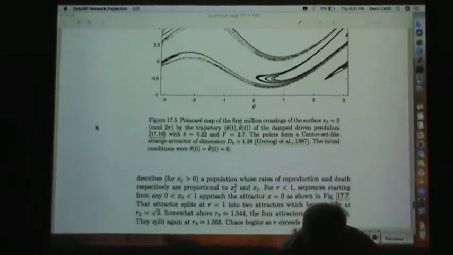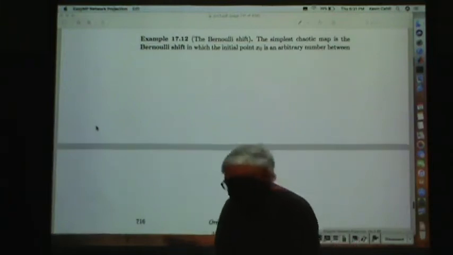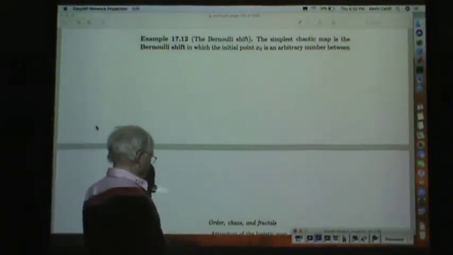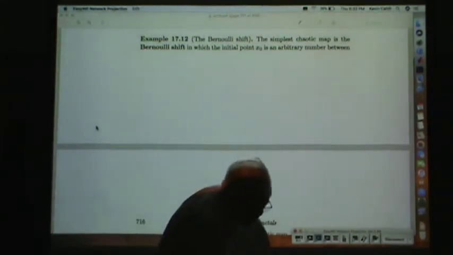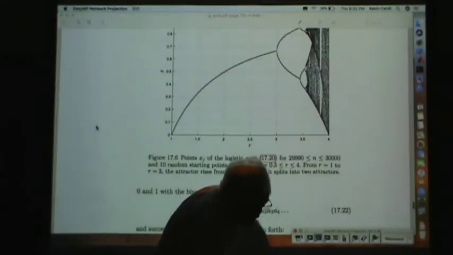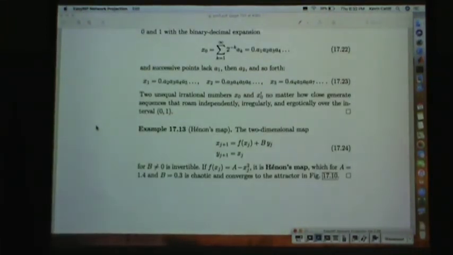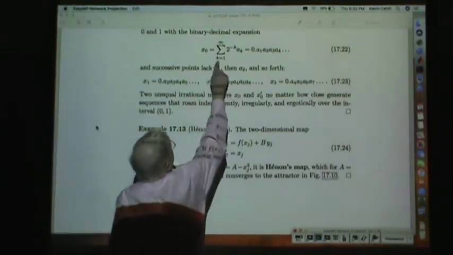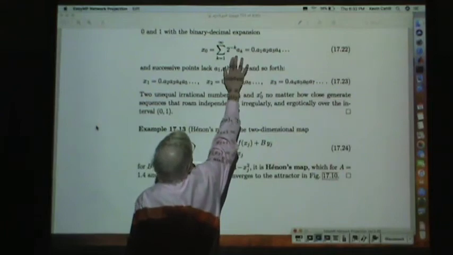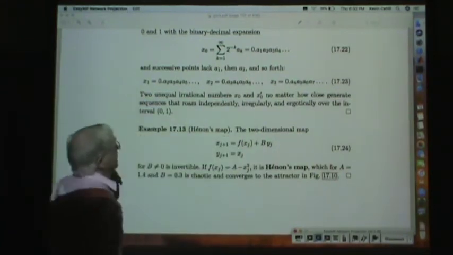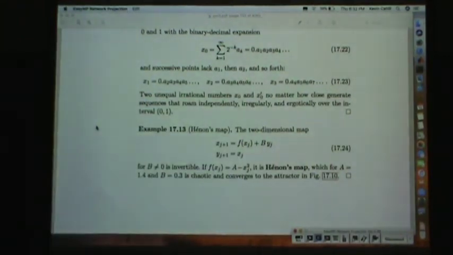Right. Okay, here's another example of chaos. This is the simplest map of chaos, and it's due to Bernoulli. You take as the initial point some arbitrary number between 0 and 1, and then you write it as a binary decimal. And a binary decimal, of course, is you write it as the sum of a_k over 2 to the k, with these coefficients a_k.